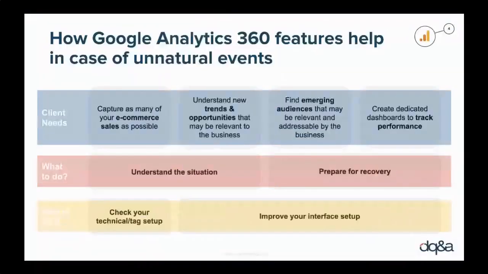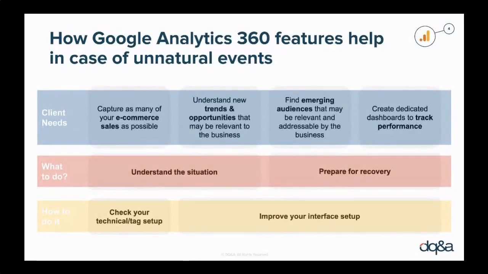So in terms of questions, we want to start today with how GA360 can be used in the case of unexpected events or natural events where you have to probably change your routine of monitoring and benchmarking and review performance.